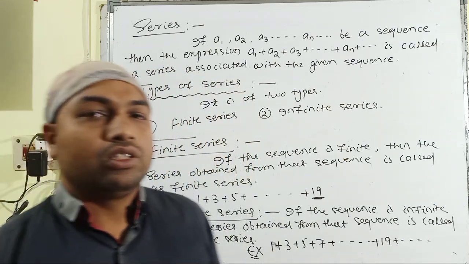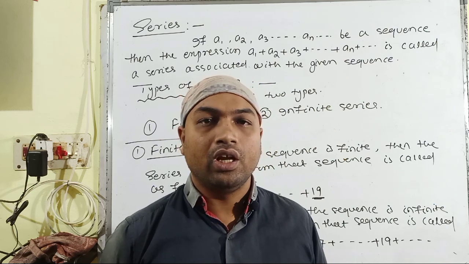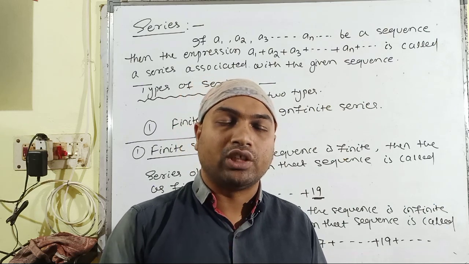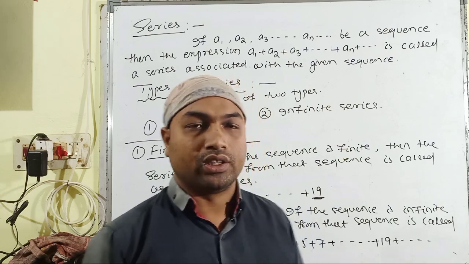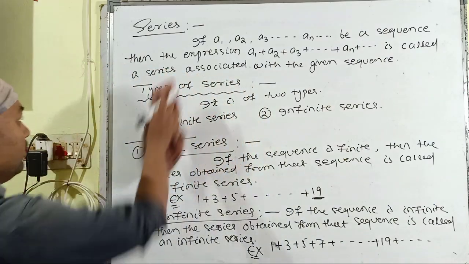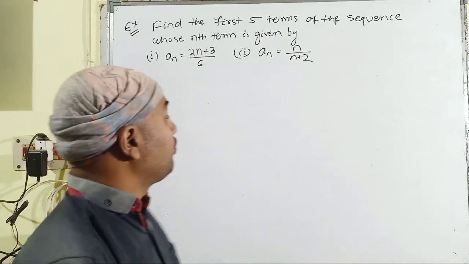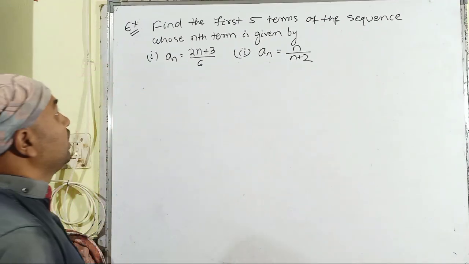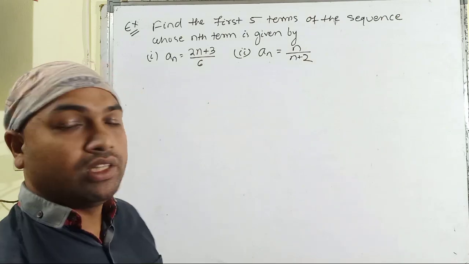Then let us solve some basic problems for today's video session, and let us define some sequences from the given nth term of that sequence. Here is the first problem: find the first 5 terms of the sequence whose nth term is given.